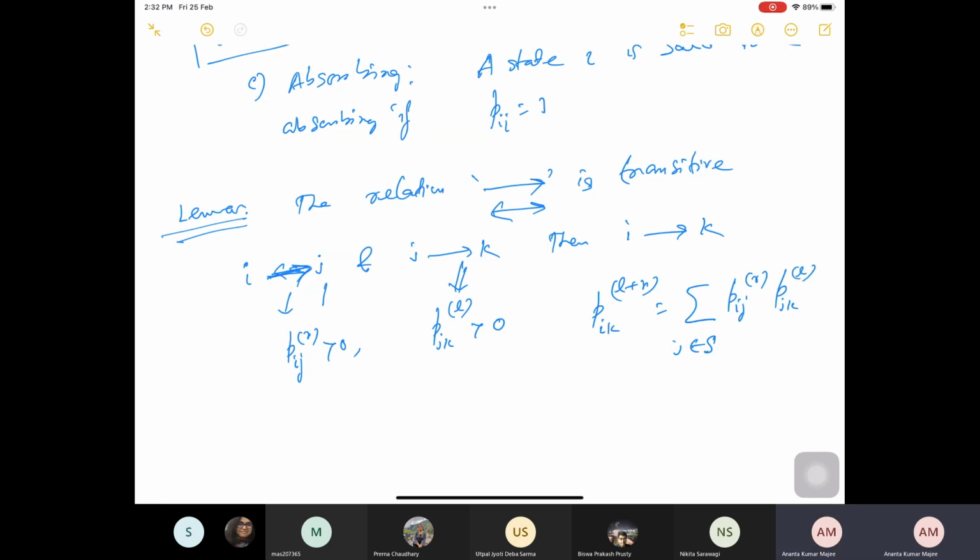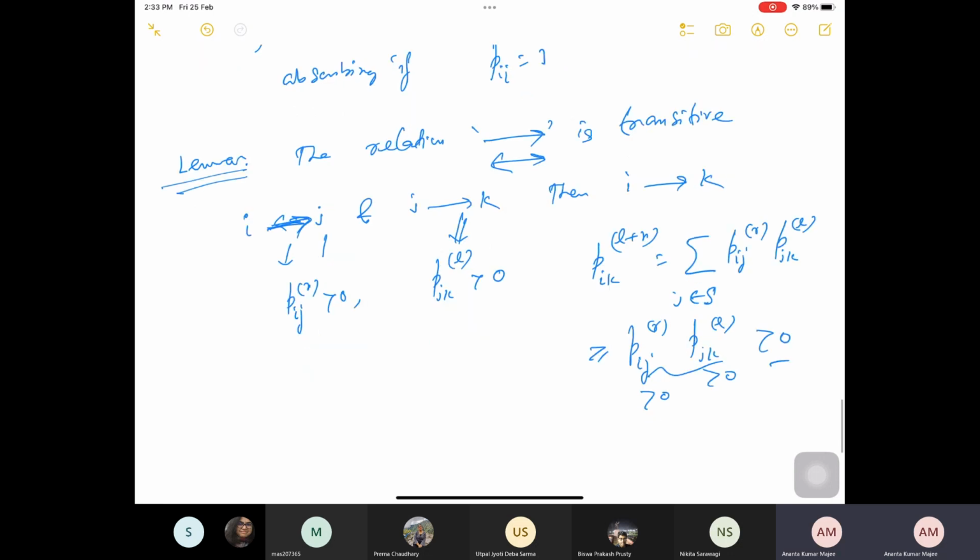This is the total sum and all are probabilities, so each term is non-negative. This is greater than or equal to P_ij(R) P_jk(L), and this is positive, this is positive, so the product is positive. So that means this relation is transitive.